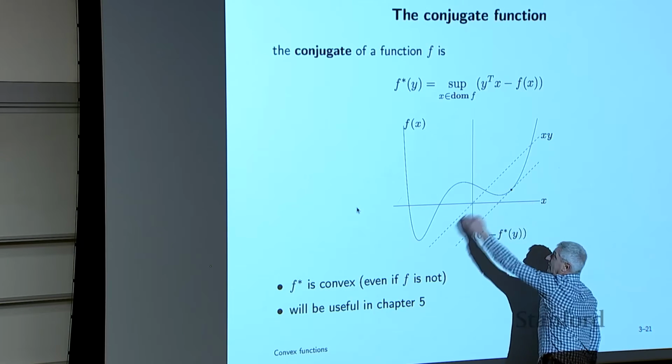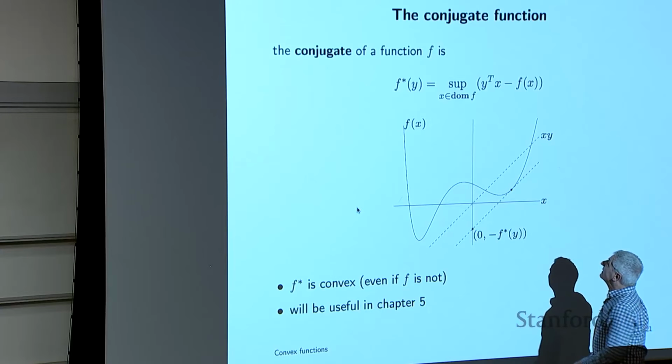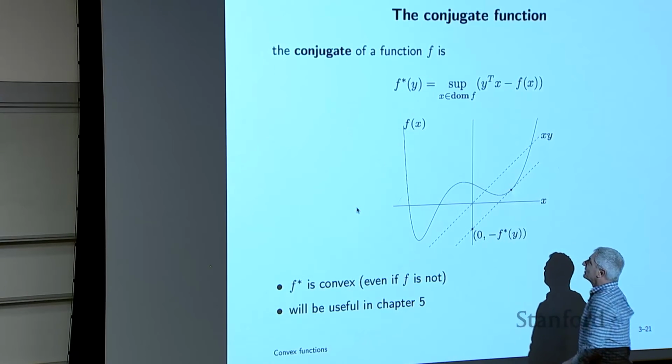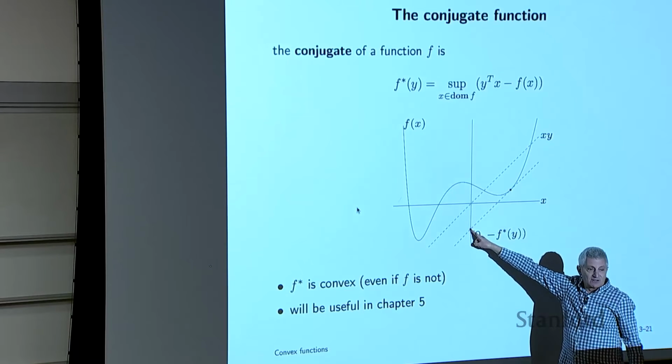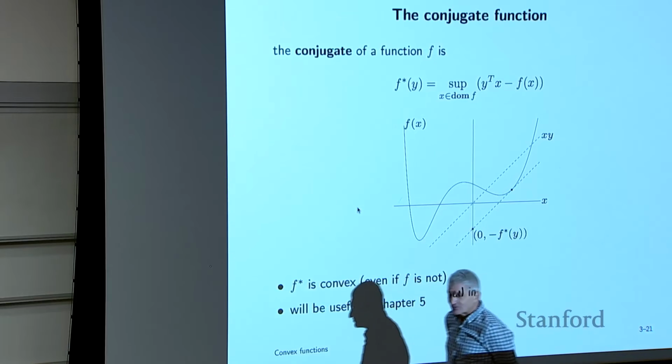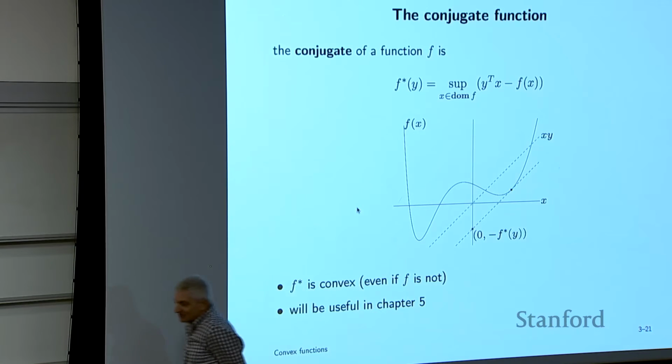Then you move this line up and down until it just touches the graph. It turns out that point right there is the negative of the conjugate. So that's the graphical interpretation, if that helps you.